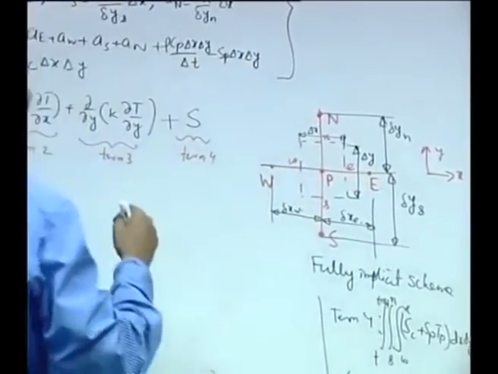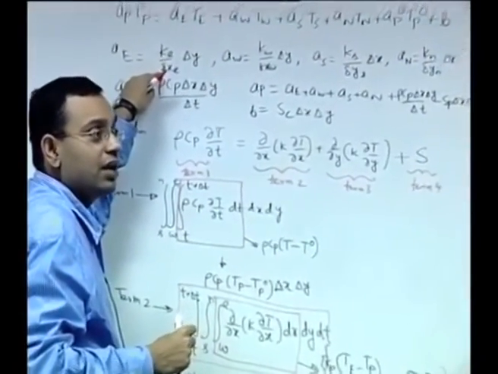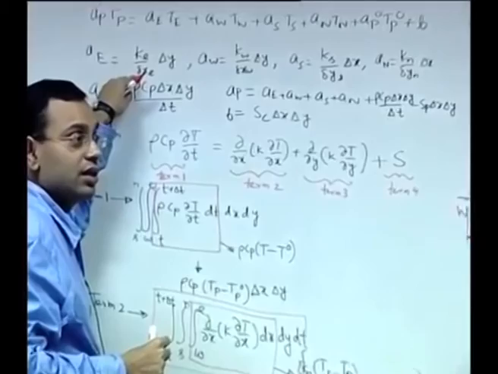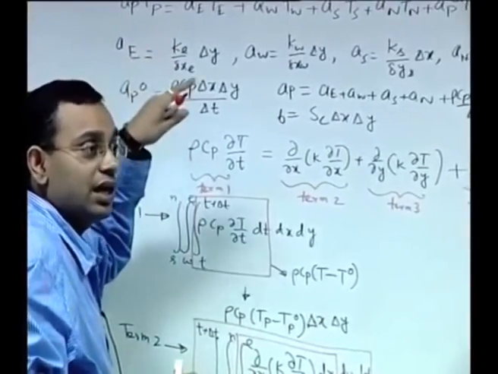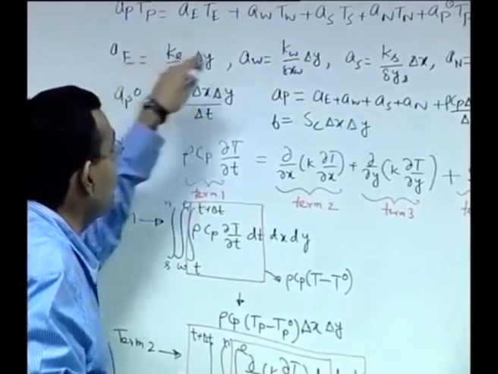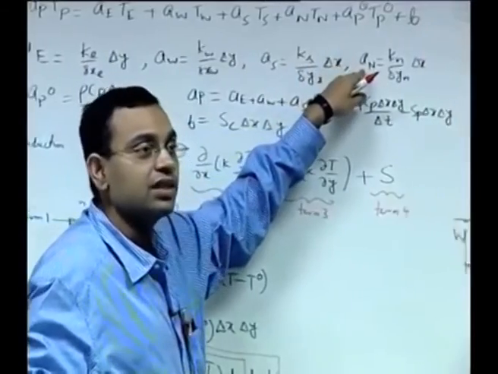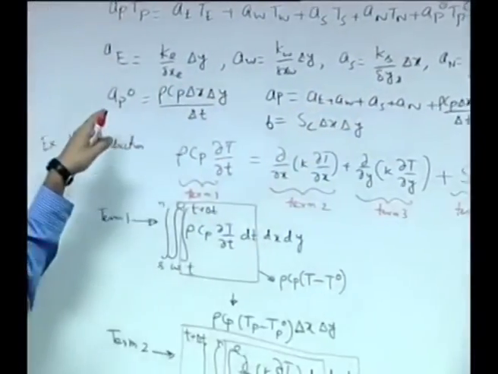So, it is just like conductivity into area of the face by length, KA by L. What is that? Conductance. Inverse of that is resistance, thermal resistance due to conduction, L by KA. This is KA by L. So, these coefficients physically represent thermal conductances of various faces.